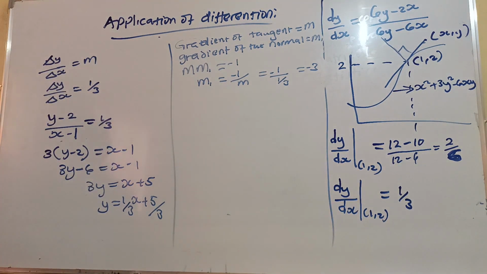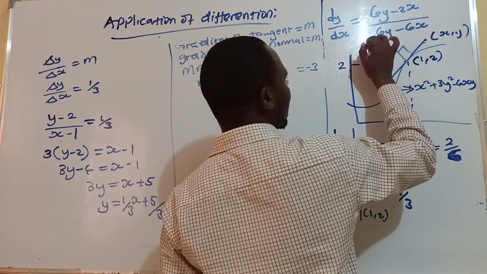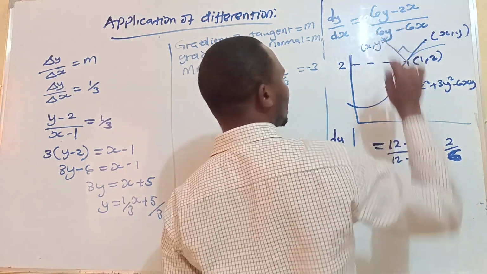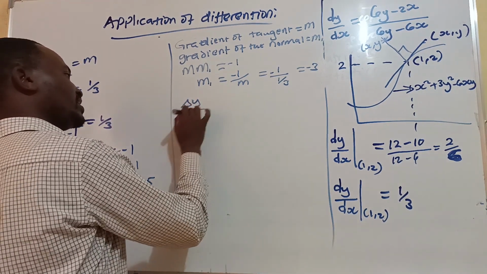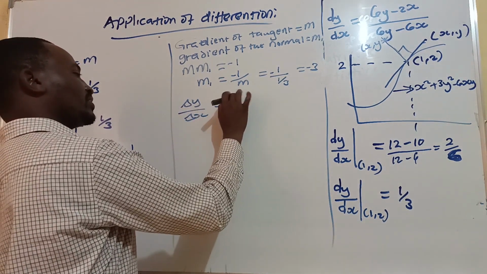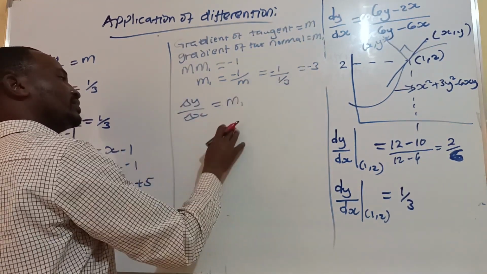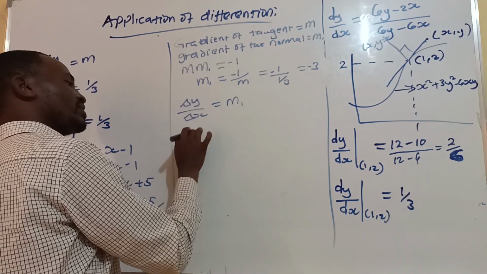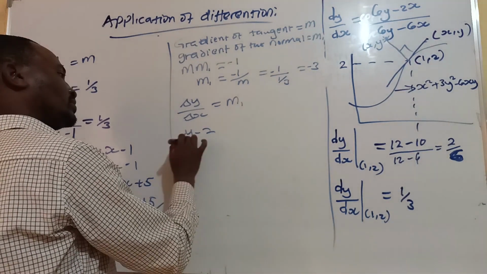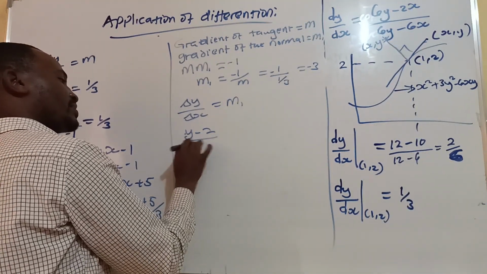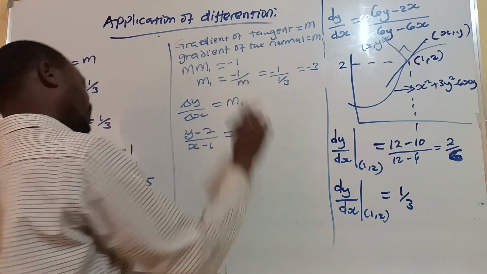-3. So now it says also to get the equation of the line. If you take a general point here, point (x, y), on this line, you can say the change in y over change in x is equal to m1. But we already have m1, the gradient. Change in y is y, the general point, minus our point's y-value 2, all over x minus 1, is equal to -3.